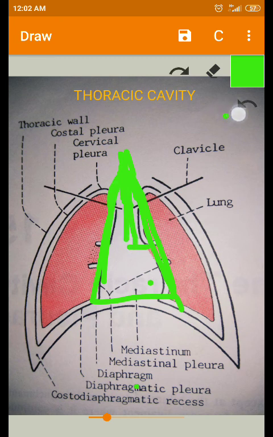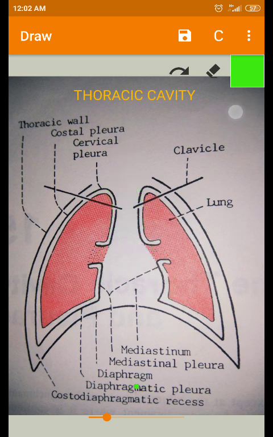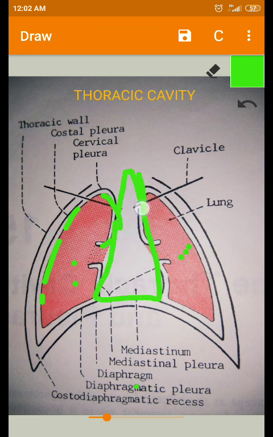Okay. Now coming to the pleura. So this is about the cavity, what it exactly contains. The thoracic cavity contains the right and left pleural cavities, which are completely invaginated and occupied by the lungs. The right and left pleural cavities are separated by a thick median portion. That means in the middle portion, in between the two lungs, there is some space.